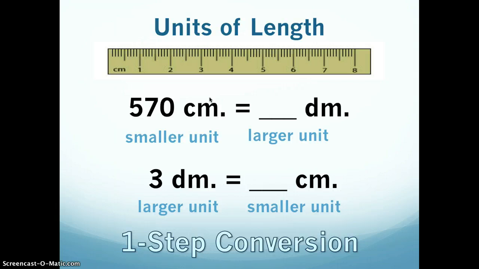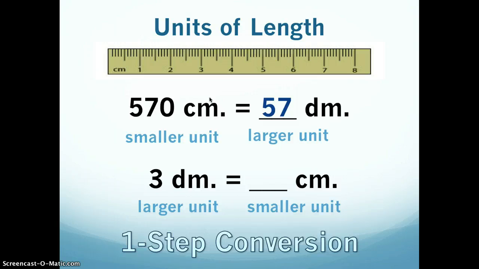All right, last couple. We have 500 centimeters, a smaller unit, changing into a larger unit. It's a one-step conversion. You definitely want to write down how many millimeters are in a centimeter and how many centimeters are in a decimeter.